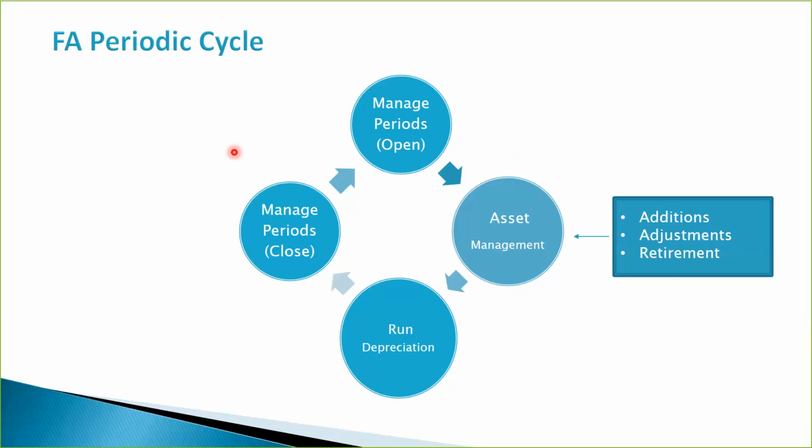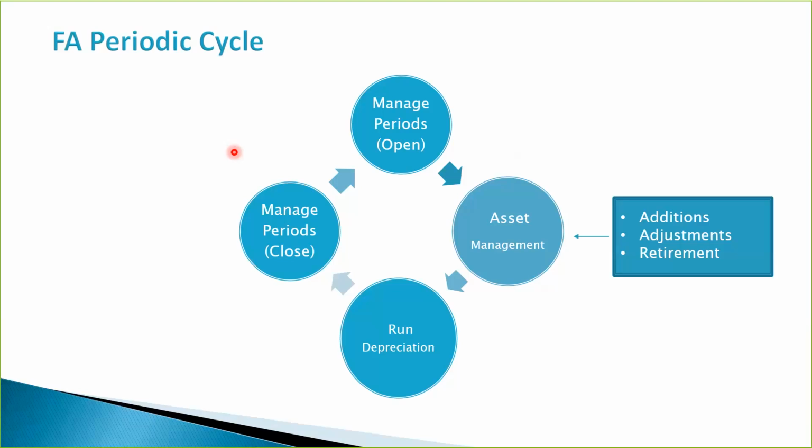They're not mandatory parts of the cycle. However, you have to run depreciation for the assets in your books. So depreciation will have to be run at the end of every period. You can run depreciation at any time during the period and as many times as you want.